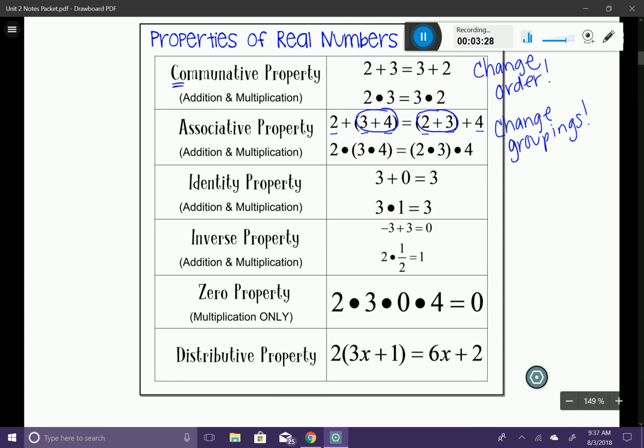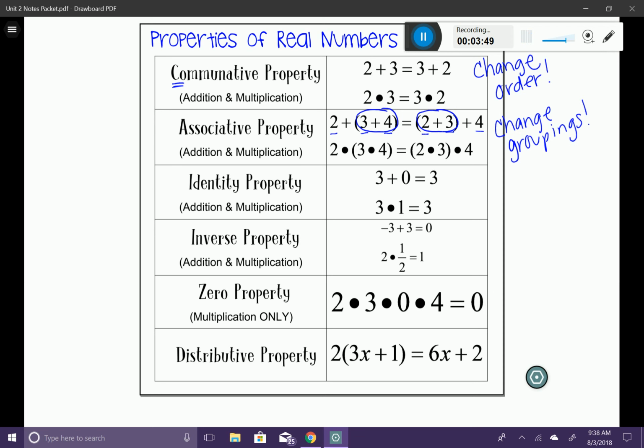Now, let me show you a complicated type of problem. Sometimes we picture the associative property as the property that uses parentheses. Well, that's true, but you can also have the commutative property use parentheses as well.